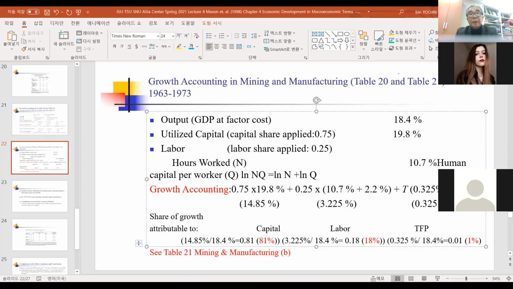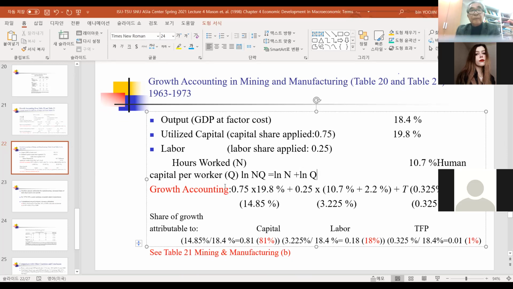This is nothing but the growth rate of N. 2.2% is the growth rate of Q, right? It is almost like a time derivative. You can see 10.7% as the growth rate of ln N, and 2.2% as that of ln Q, for example.